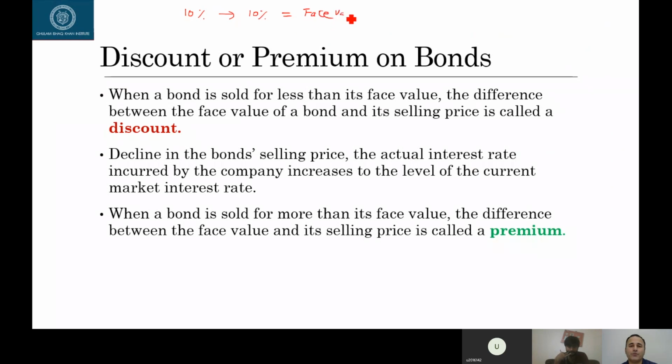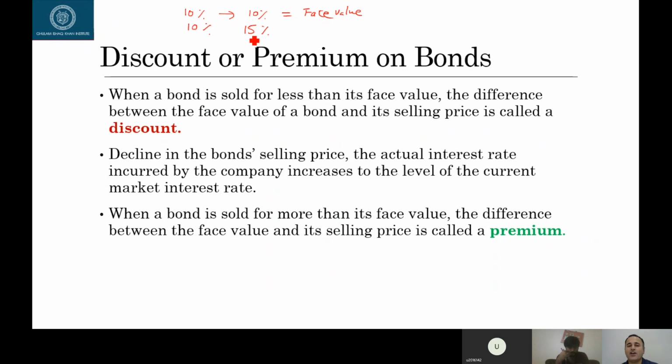But let's say the bond pays 10%, but the company is a little bit risky. You need at least 15% return on that company.